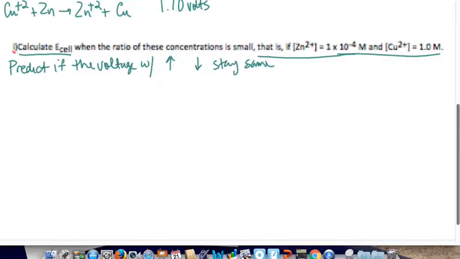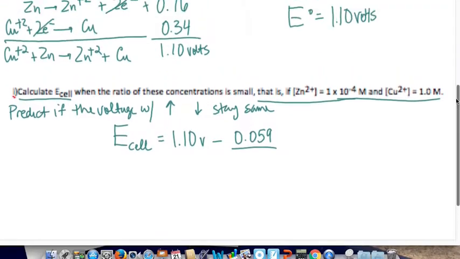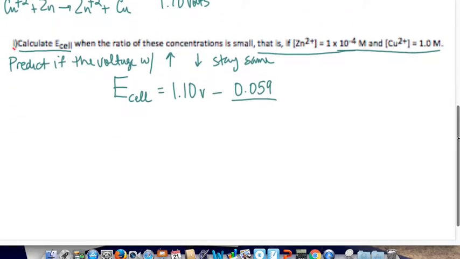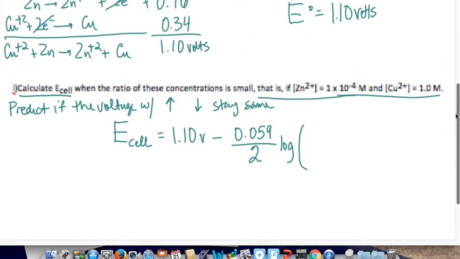So Nernst is E cell is equal to, what is our E naught? 1.10 volts minus 0.059. What's our n? Look it up in the equation. 2 moles times the log. All right, product concentration.